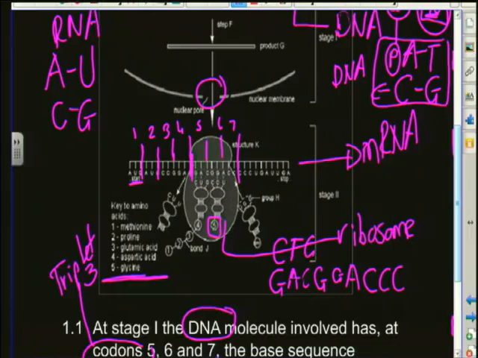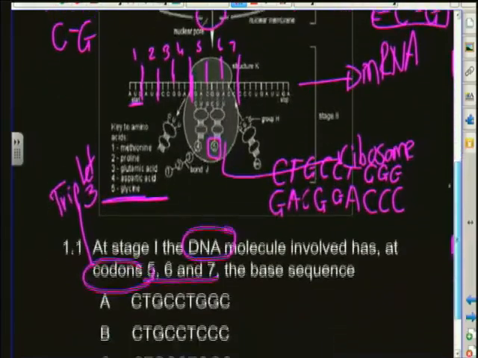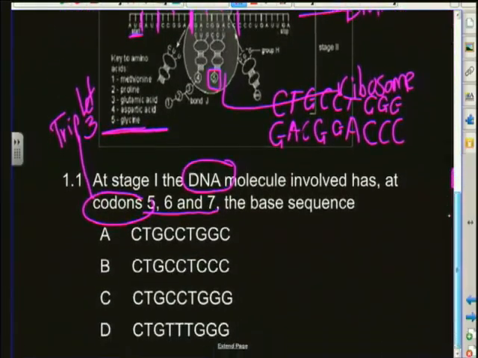C goes with G, G goes with C, G goes with C, A goes with T, G, G, G. So let's have a look over here. What would the answer be? C, T, G, C, C, T, G, G, G. And my answer would be number C.